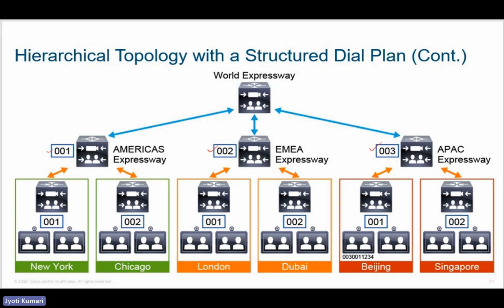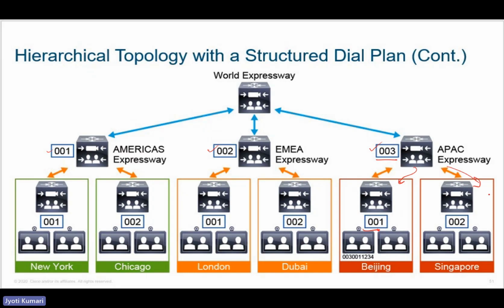This configuration means that all device addresses in Beijing will be prefixed with 003 and then 001 locally within the region. Let's suppose in APAC there are two locations, Beijing and Singapore. For each region there is also a different prefix being used. So by using that, whenever a prefix is 003, 001, it can route it to Beijing instead of sending it to others. And if it is 003, 002, it can send it to Singapore.